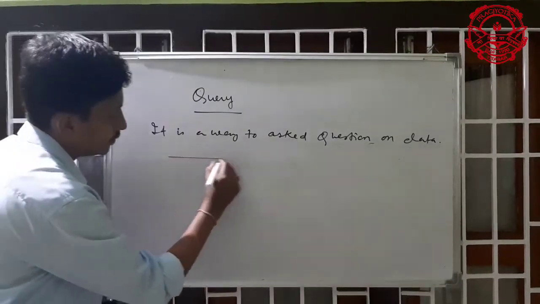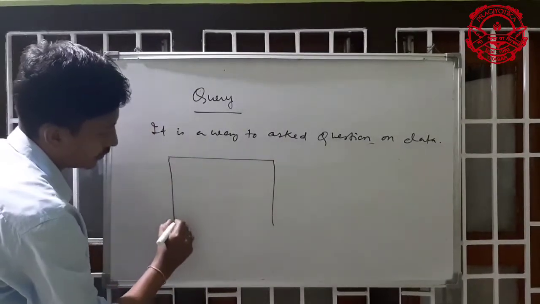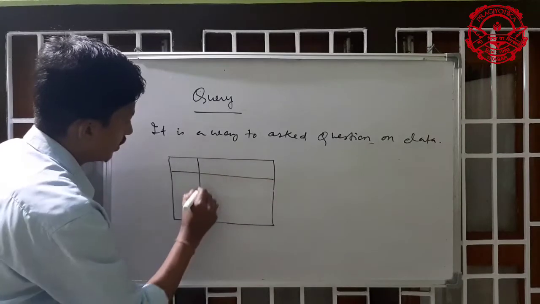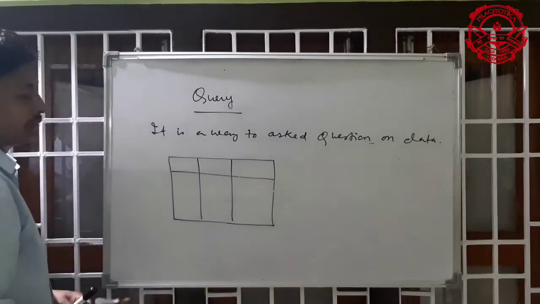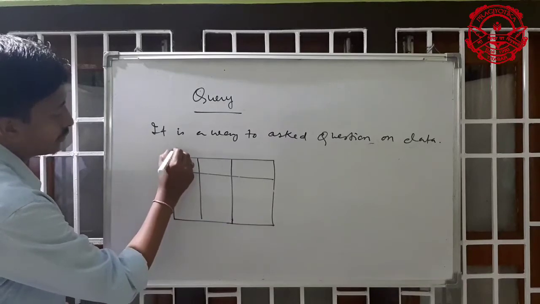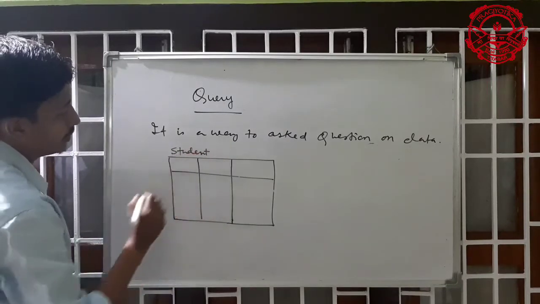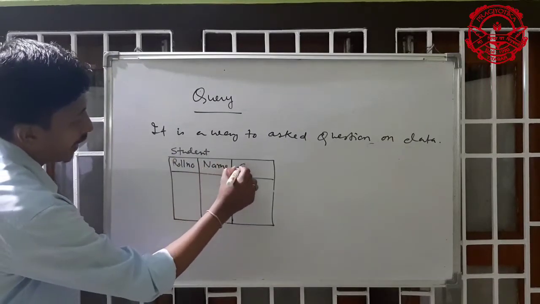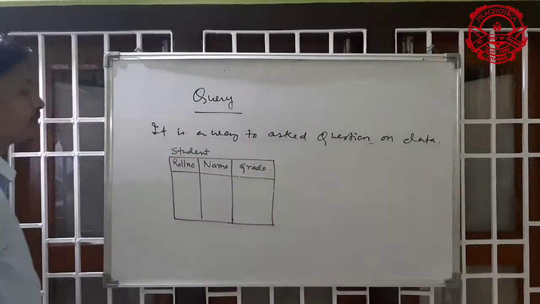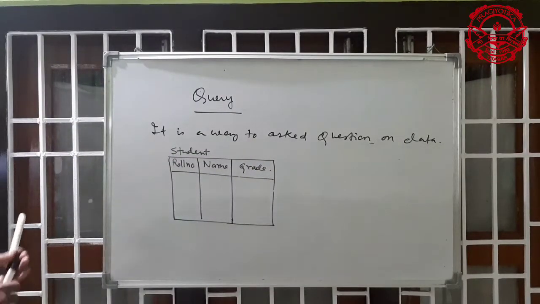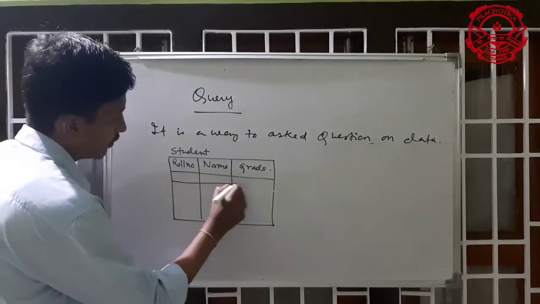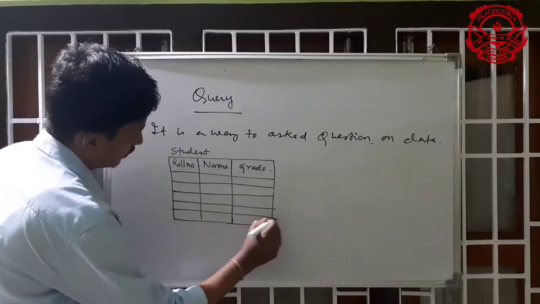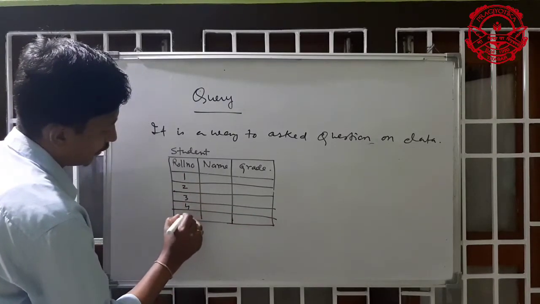For example, this is a data set view, or you can say a student table. Here are the roll number, name and grade. In roll number: 1, 2, 3, 4, 5.